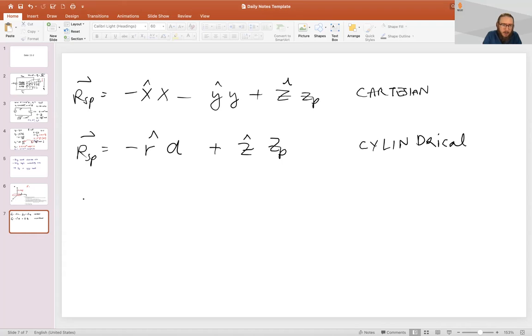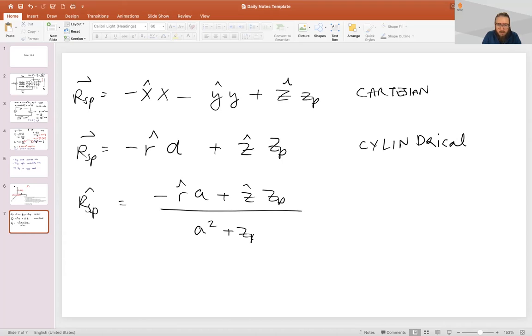Okay, so that means that the unit vector would look something like this. Now, what about the current that is moving on that loop?